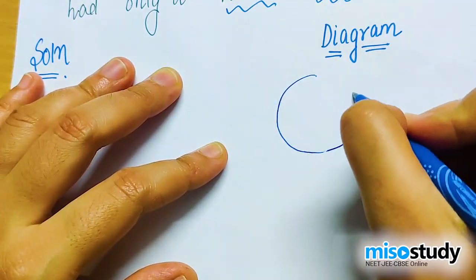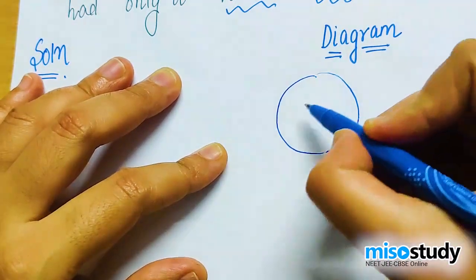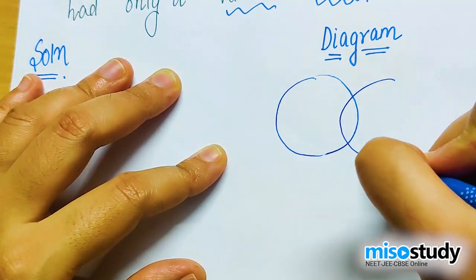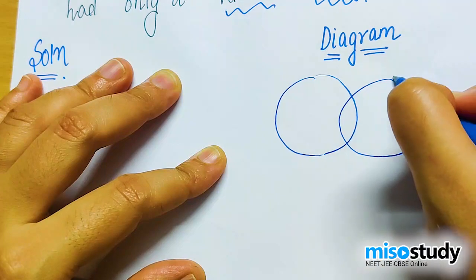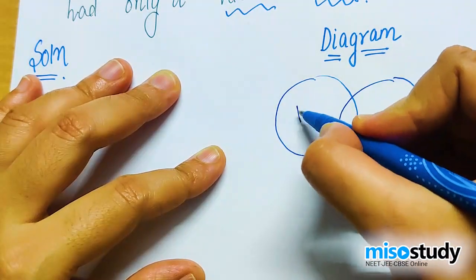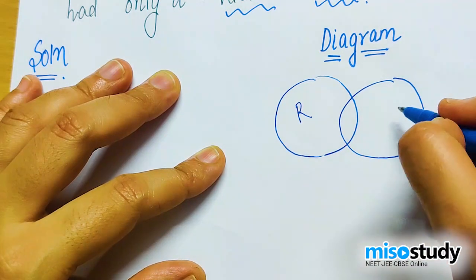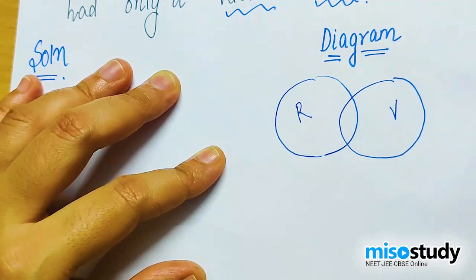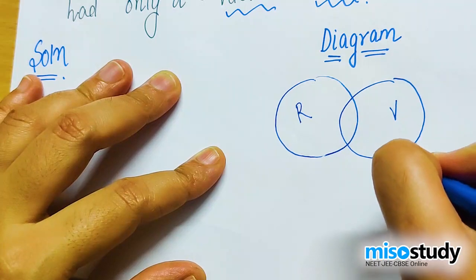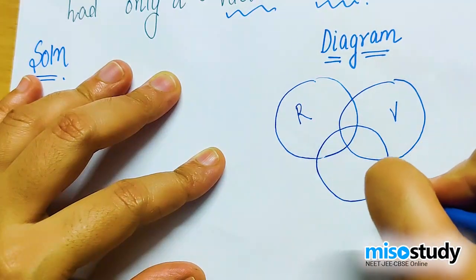Now let us assume these are the number of refrigerators denoted by R. These are the number of vacuum cleaners with V, and these are the number of washing machines.